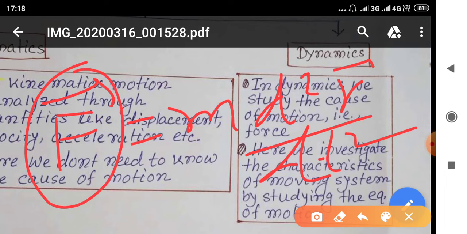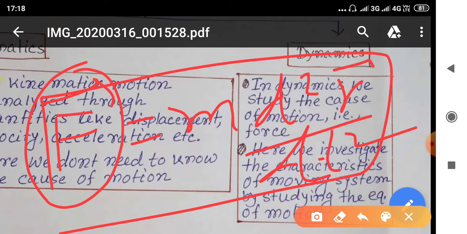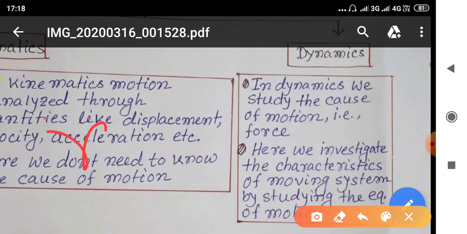If we have the explicit expression for F, by solving this equation we can get several parameters like position, velocity, acceleration and so on.